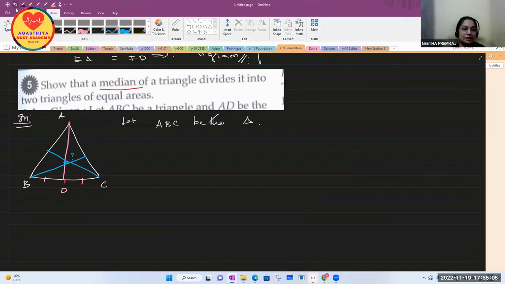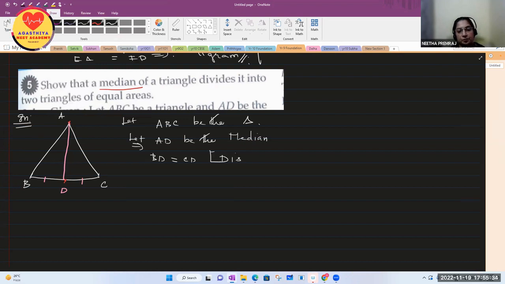Now I just fix one median. I don't want to complicate the figure. One median is enough. Let AD be the median, which implies BD is equal to CD because D is the midpoint. What do you want to prove?